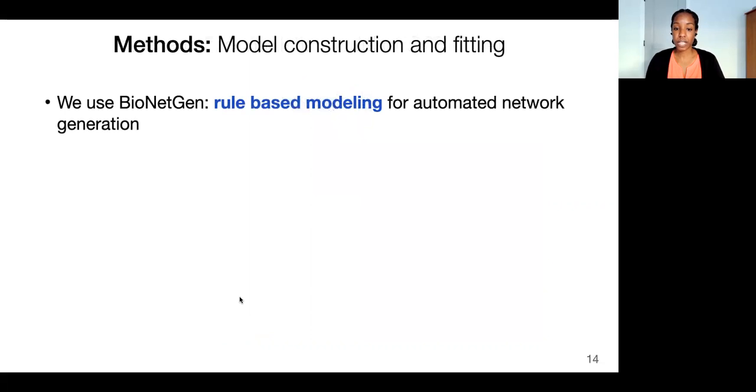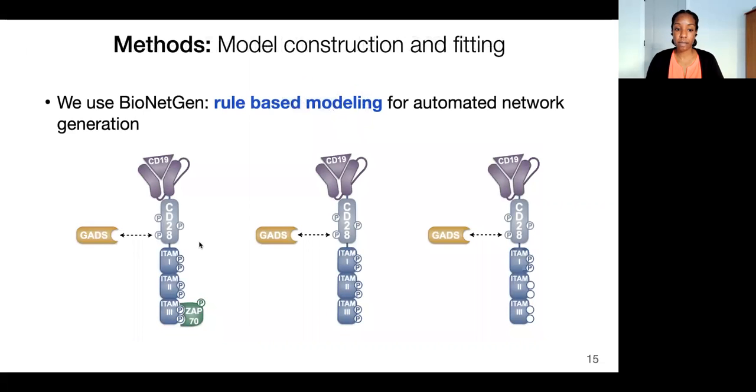So just a few details about the model itself. We use BioNetGen. This is a rule-based modeling tool that allows us to automatically generate the reaction network. And so just to give you a sense of what I mean by this, we know, for example, that GADS binds to a site on CD28, and we can define that biochemical rule. And that interaction is happening independently of what else is happening on the CAR structure.